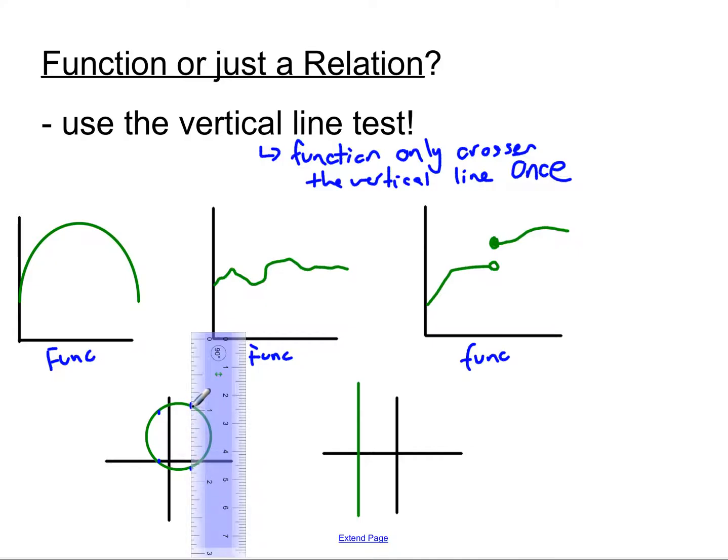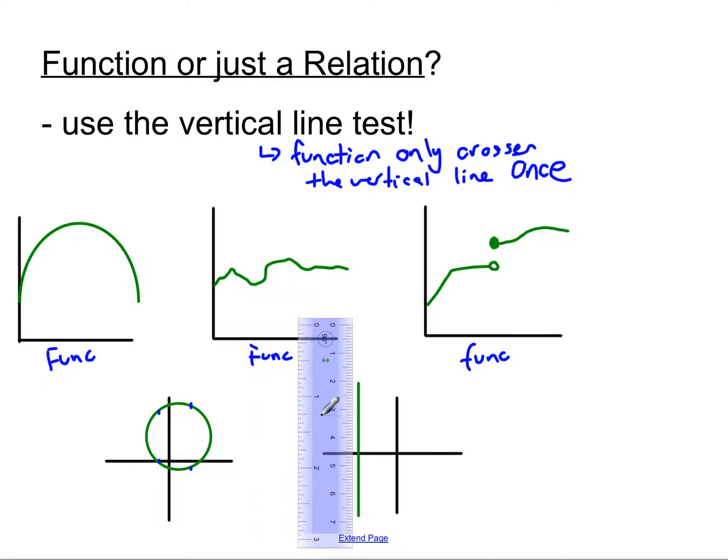So if we plugged in this value of x, we would get two answers. So there's not a unique dependent variable for this independent variable. So this one does not pass the vertical line test. So it's not a failure, but it is just a relation. There's a relationship here between x and y for sure, but it's not one that is called a function.